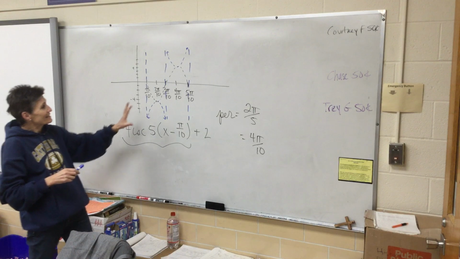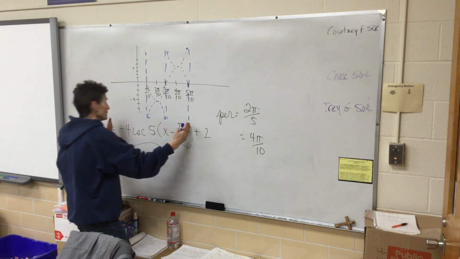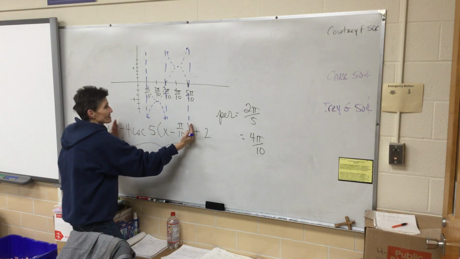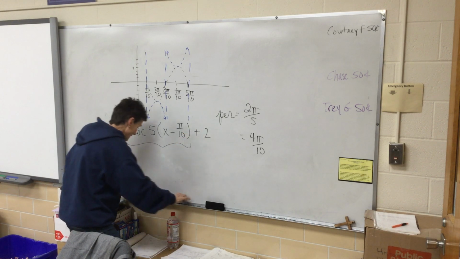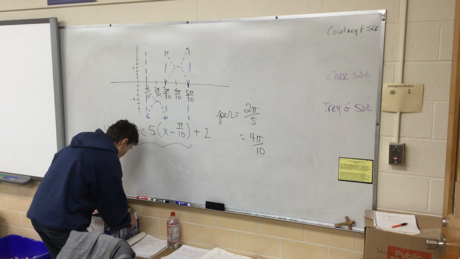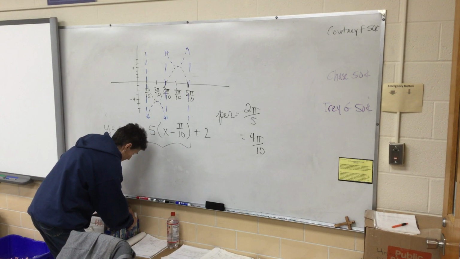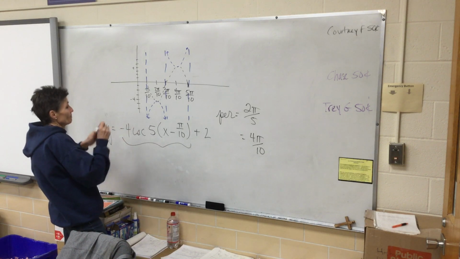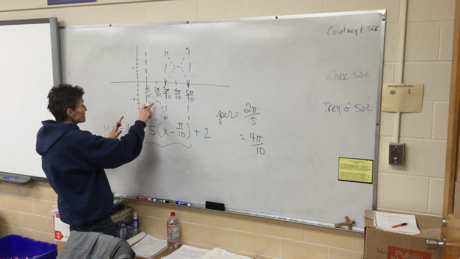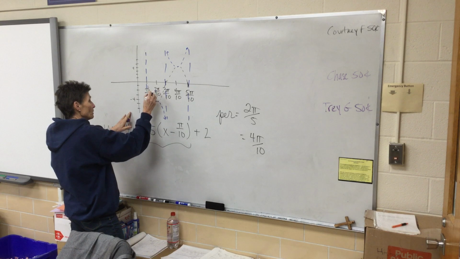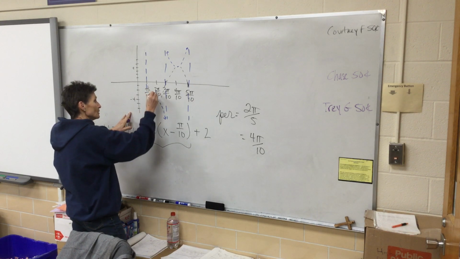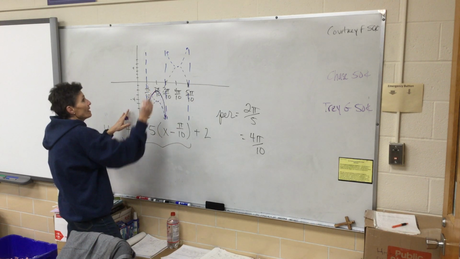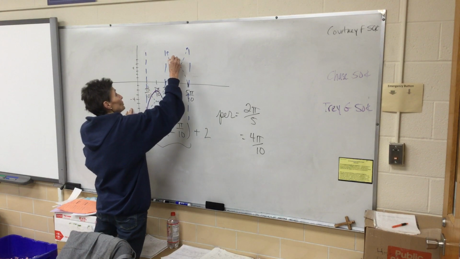Now I've got this dashed blue, which is literally a picture of this. Now I need to take it and move it up 2. So now I'm going to take this dashed blue curve, and I'm going to move it up 2, and this one's going up 2 also.